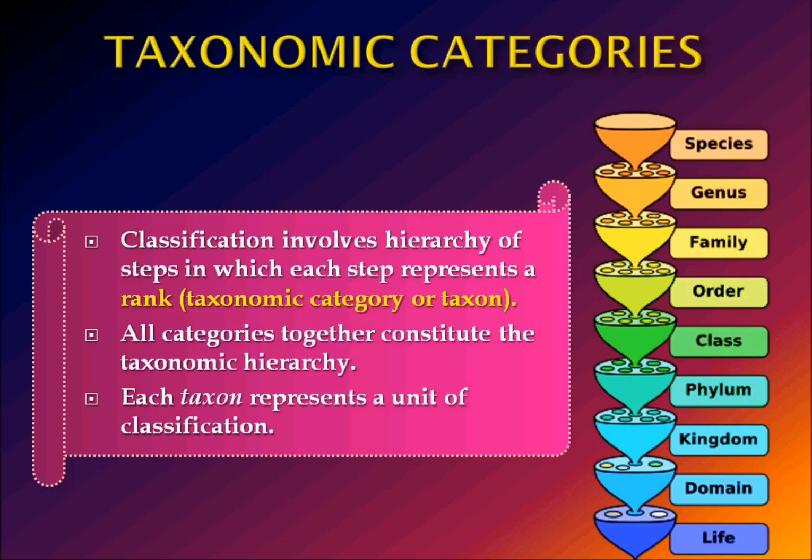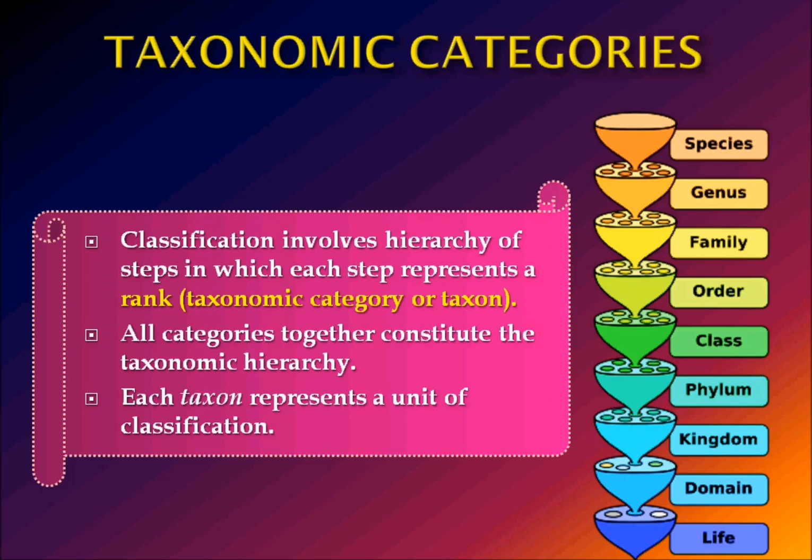It was Linnaeus who for the very first time introduced the categories that are known as taxonomic hierarchy, and later on a few other categories were added. We have basically 7 obligate categories, meaning 7 categories that are absolutely important to give the classification of an organism.